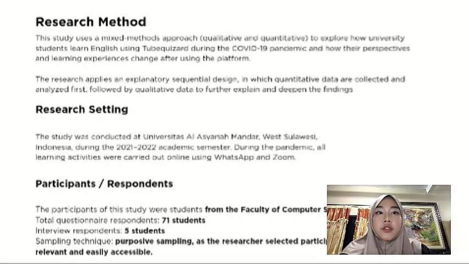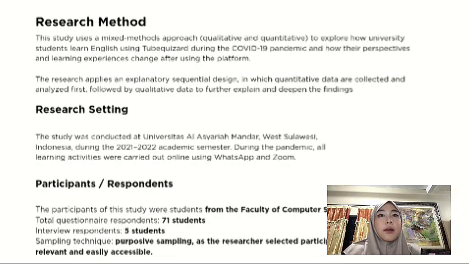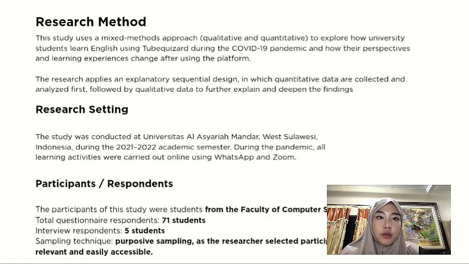The participants of this study were students from the Faculty of Computer Science. A total of 71 respondents responded to the questionnaires, and 5 students were selected for interviews. The sampling technique used was purposive sampling, as the researcher selected participants who were relevant to the study and easily accessible.